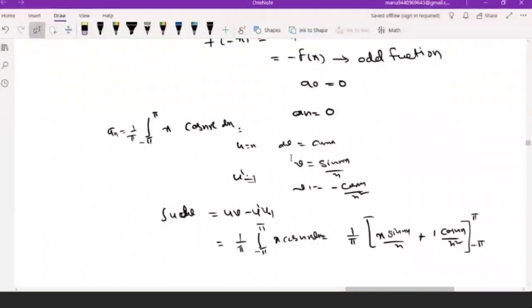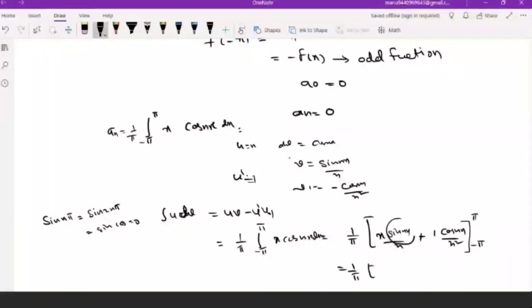So 1 by pi of, what is our condition? sin n pi or sin 2n pi, sin 0 is 0. So here in the sin function we are having the limits pi and minus pi, so sin n pi minus sin n pi.